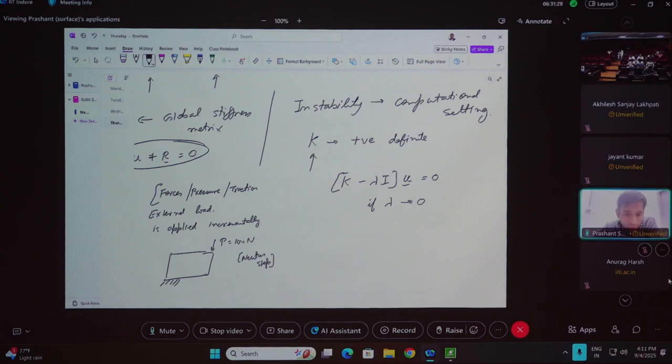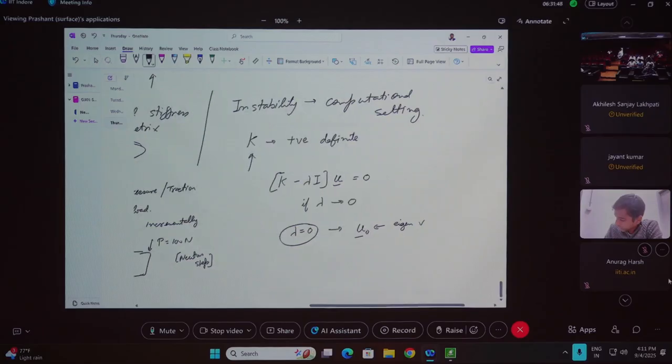And then once you reach lambda equal to 0, you find the corresponding eigenvector. Let's call it U0. This is the corresponding eigenvector. So let me show you what that might look like.